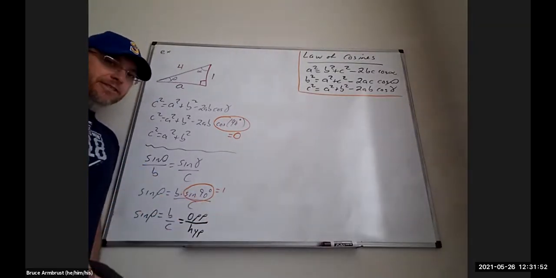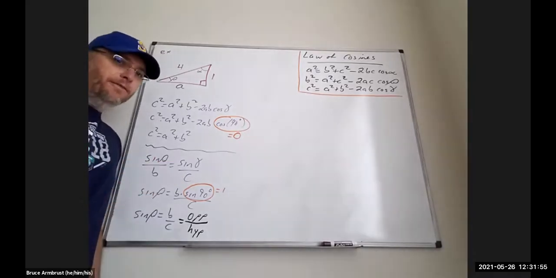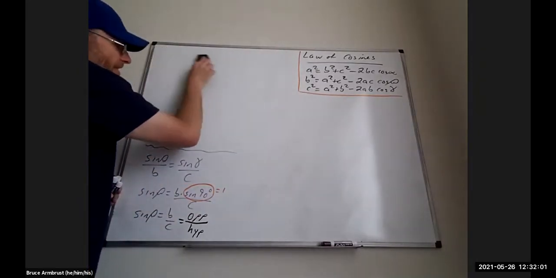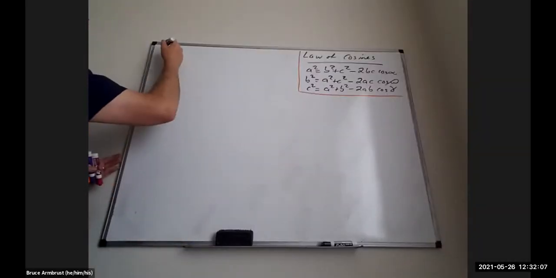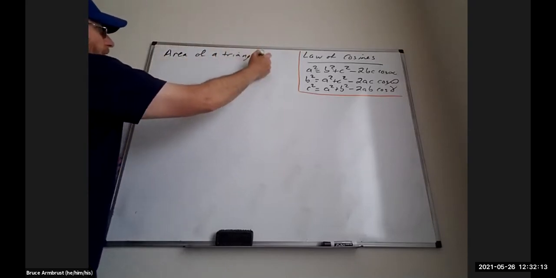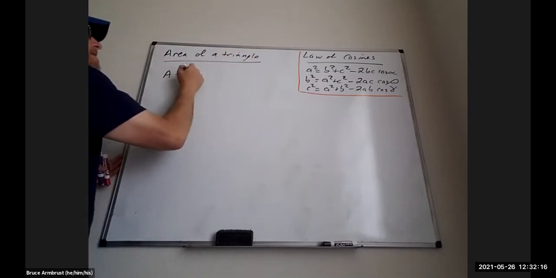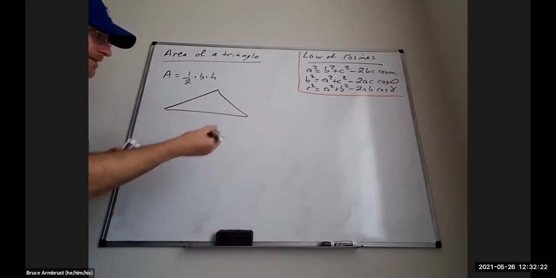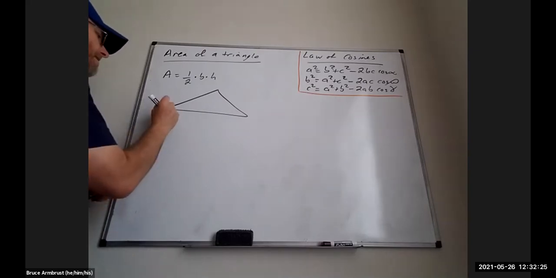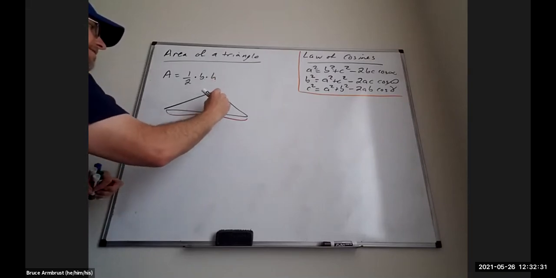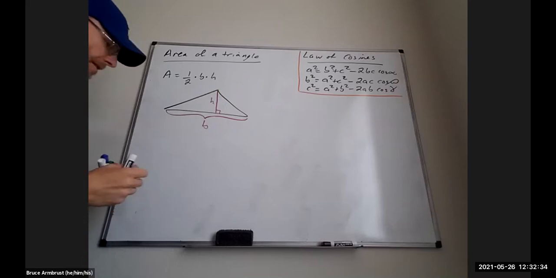So I'm going to ask you, because I know you guys know this, give me a formula for the area of a triangle. One half base times height. Beauty. One half base times height. That's the one that everybody remembers. And this is the one that you were taught probably first. So if this is my generic triangle, the base is this side, and the height is the length of a perpendicular that's coming down.